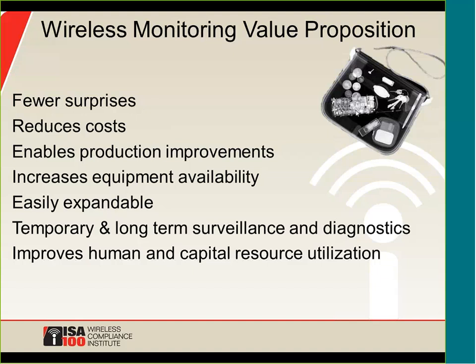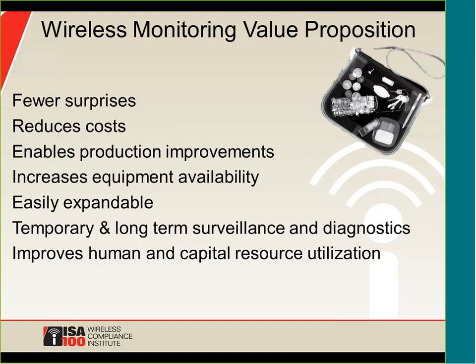Fewer surprises mean reduced cost. With fewer surprises, your equipment availability goes up, so your production levels go up. Wireless is easily expandable because there's no hardwired infrastructure required. What this enables is temporary and long-term surveillance and diagnostics.